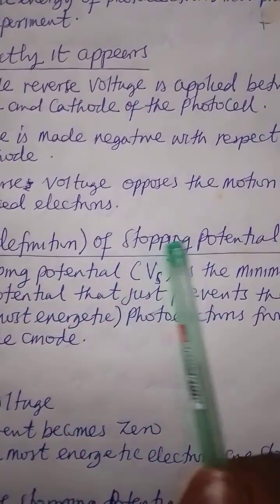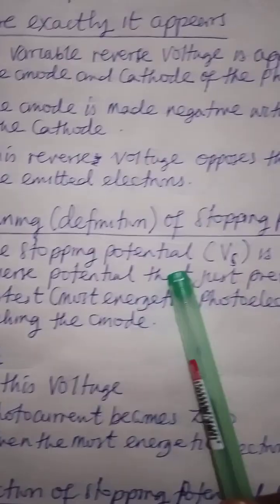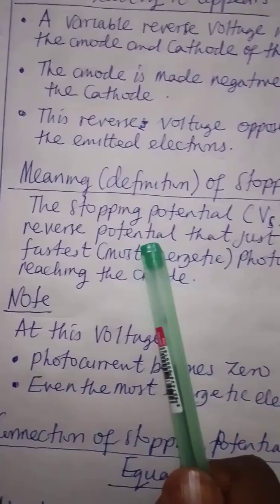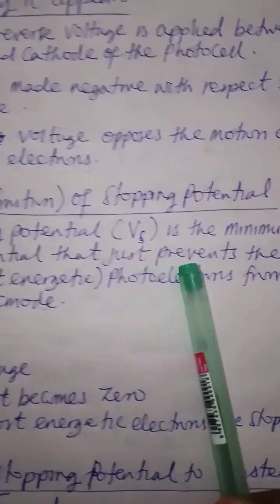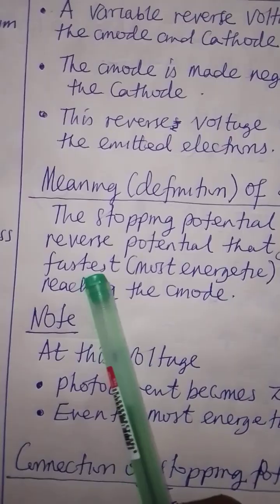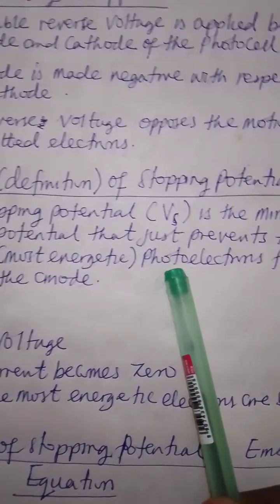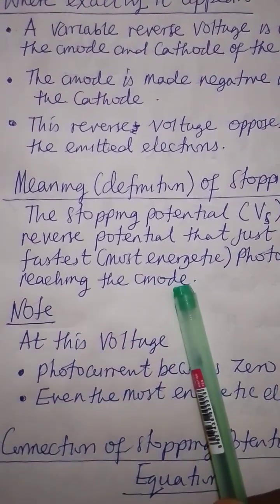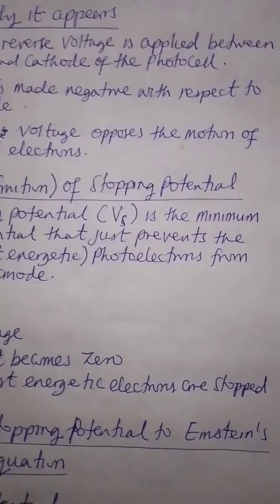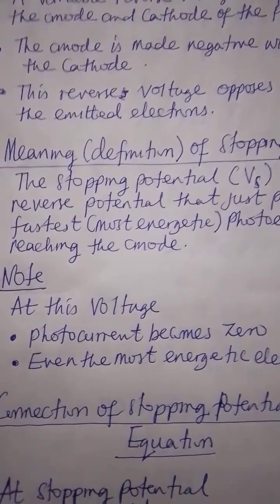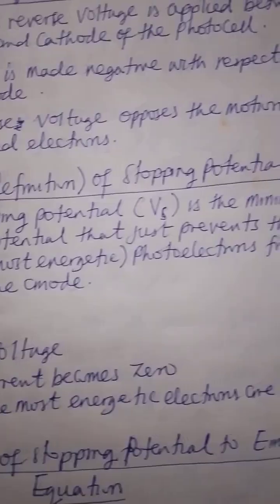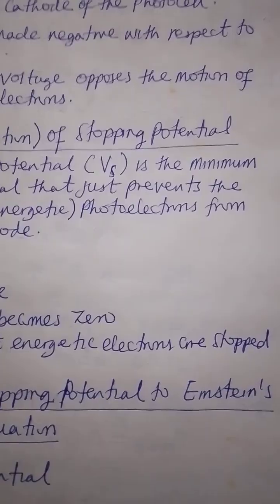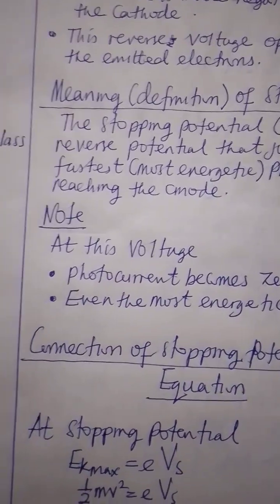Meaning of stopping potential. The stopping potential is the minimum reverse potential that just prevents the fastest, that is, the most energetic photoelectrons from reaching the anode.